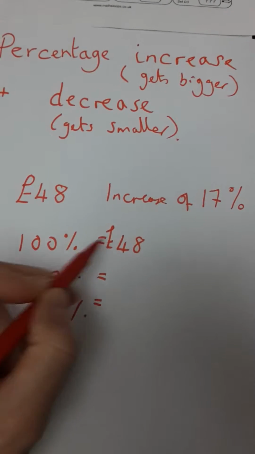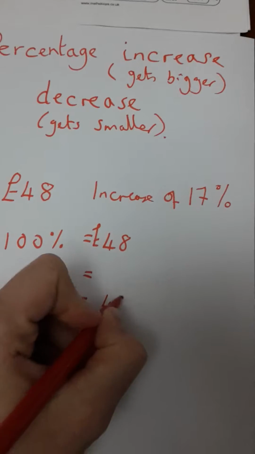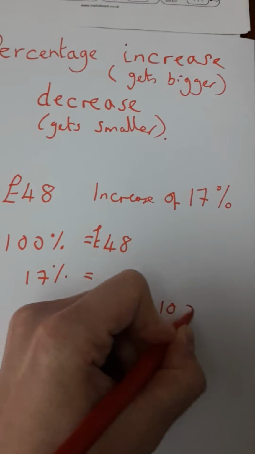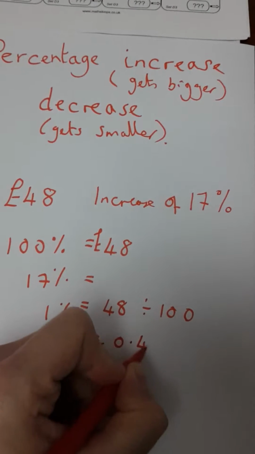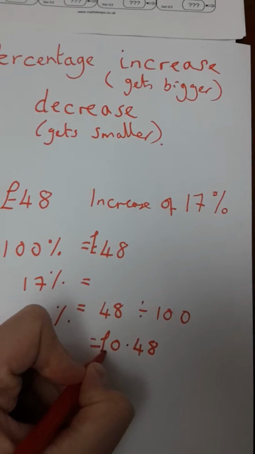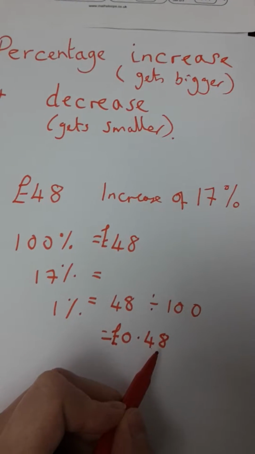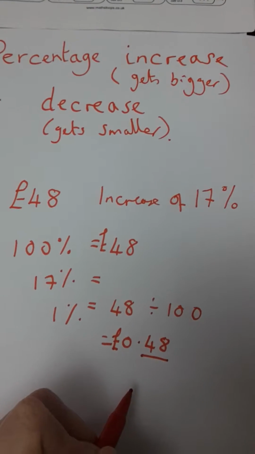So 1% is going to be worth 48 divided by 100, which gives us 0.48. Now remember, if we're working in money, we must put pound signs and we must show 2 decimal places.